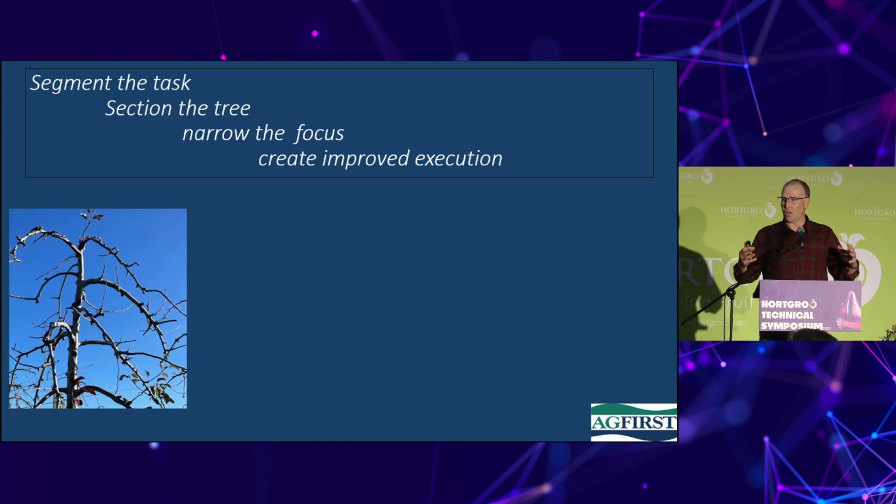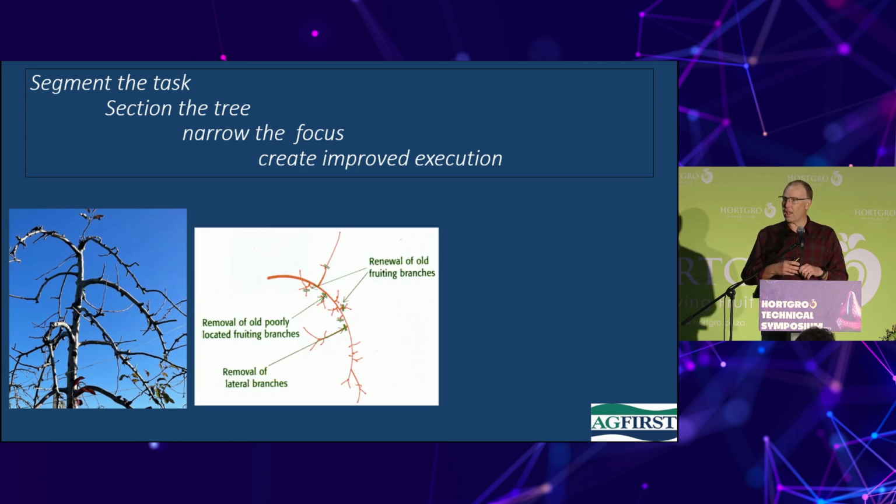So we can have a traditional tree. For me, this is an old style tree, a tall spindle tree, and we look at it and say, I'll prune the tops, take 3 branches out, unders and overs and whatever else. But if we spend the time to talk about this tree with an individual leader within the orchard, the jockey, we segment the tree down to that branch level, and if I can teach them how to prune that 35 to 40 centimetre branch, they can prune the whole tree.